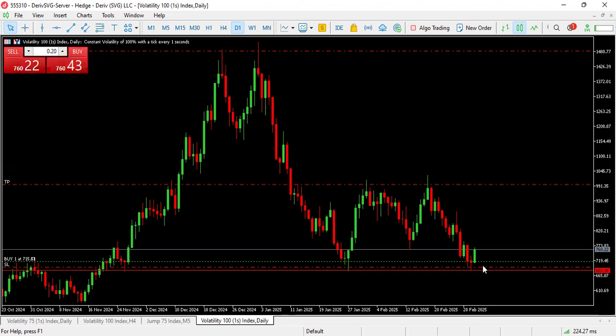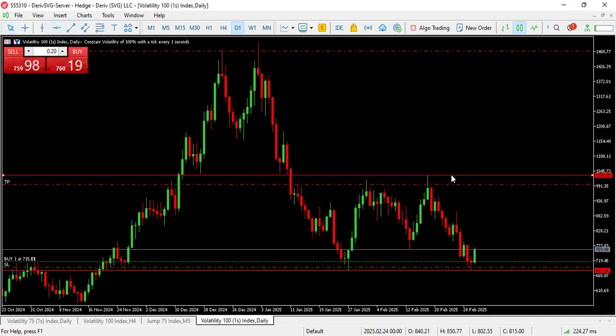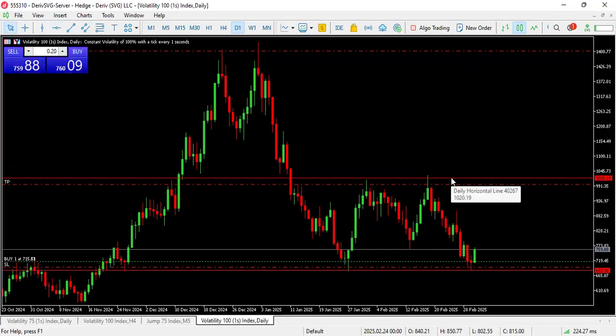I took this trade because I have a lot of strategies I use. First of all, I see the market from a higher time frame perspective. And then what I do is identify key turning points. Here is a key turning point. Here is a key turning point.